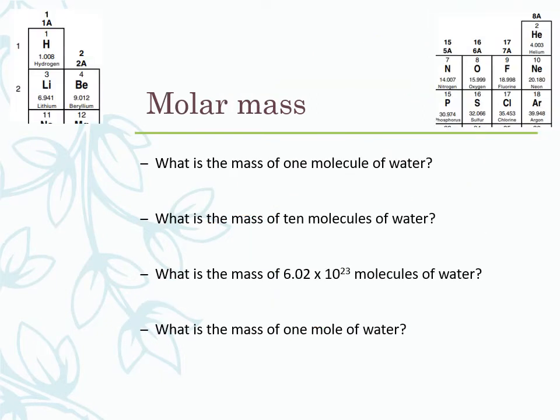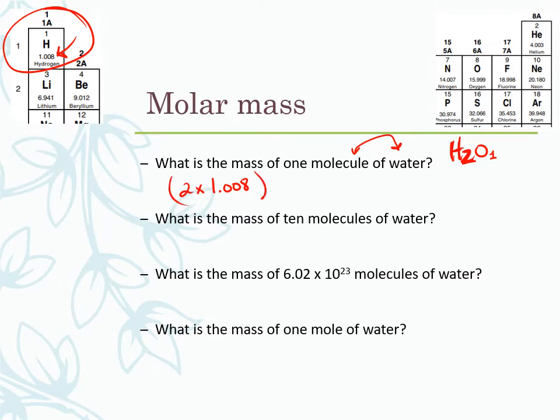Let's practice some more. So now we're going to add another complex piece. Instead of looking at just 1 atom of an element, I'm going to look at a molecule of a compound. This compound is water. Water is H2O. To find the mass of 1 molecule of water, I'm going to add 2 hydrogens, and there's an invisible 1 right there, 1 oxygen. Hydrogen is here. The mass number is here. So hydrogen is 1.008. I have 2 of them, so I'm going to multiply this by 2.